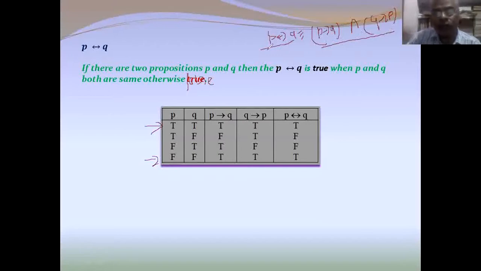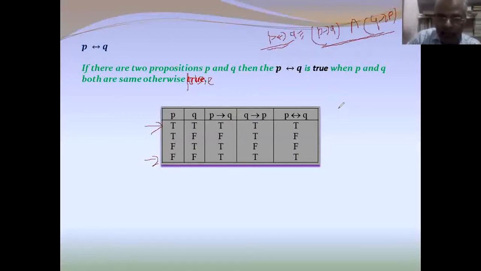If the truth values of the left formula and the right formula are the same, then they are called equivalent. We will discuss equivalence in detail in later classes. That's why I have shown here P implies Q and Q implies P.